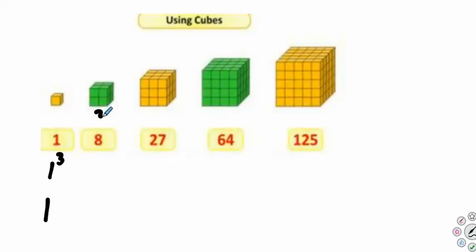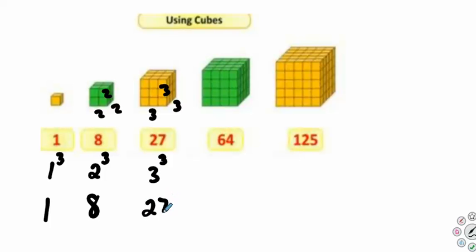This is a 2 by 2 by 2 cube. So 2 times 2 times 2, or 2 to the third power, would equal 8. This is a 3 by 3 by 3 cube. So that's 3 to the third, which would give me 27. This is a 4 by 4 by 4.